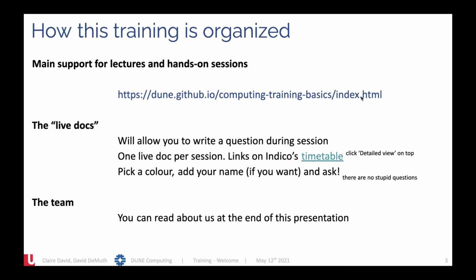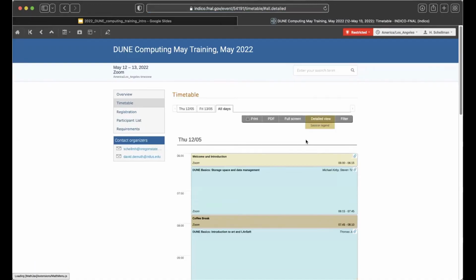That's where the actual training materials are, and those will still be around. And then there are live documents that go with each individual section. If you look at the Indico over here, there are these little links. There are live docs that go with those.